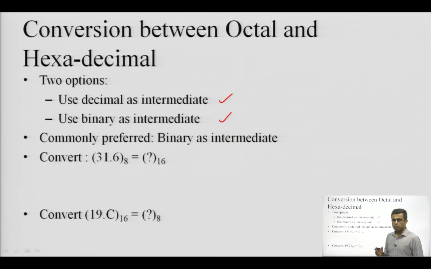Using decimal will be a bit lengthier, because it requires a complete set of rules to be followed, successive division and successive multiplication, but using binary as an intermediate is very easy for me, because it just requires 3-bit or 4-bit representation of those digits. So, we can directly convert this 31.6 octal into hexadecimal, first writing this 31.6 into binary.